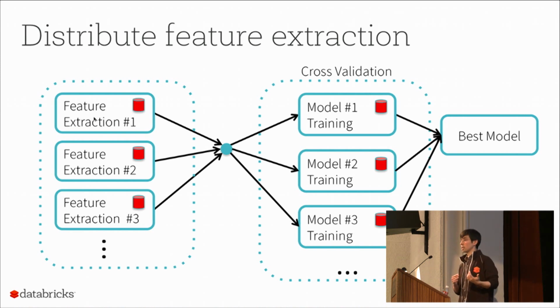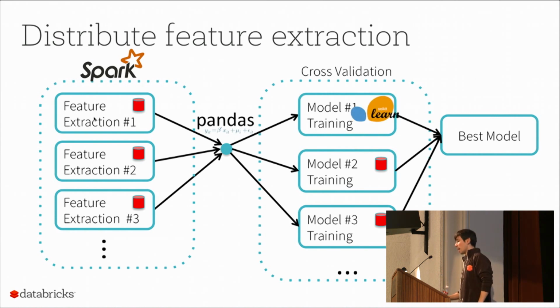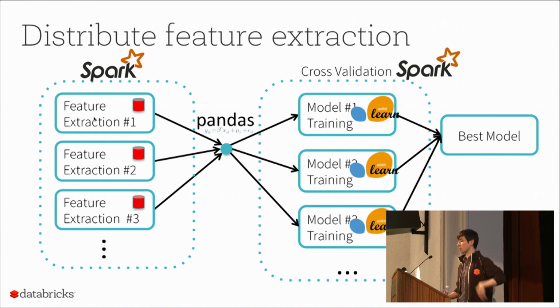The notebook demonstrates doing this distributed feature extraction using Spark, with methods analogous to the Scikit-Learn ones, collecting the results back to a Pandas data frame, and then doing what we just did using Scikit-Learn jobs in Spark workers and coordinating those via Spark to do this distributed cross-validation. Then finally, at the end, getting the Scikit-Learn model back.